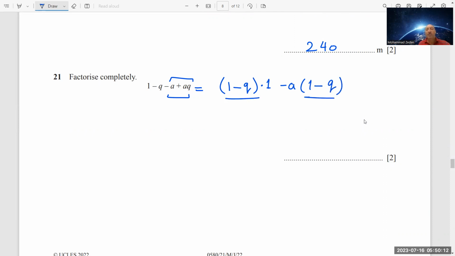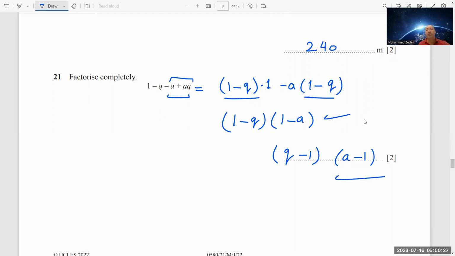Now the 1 minus q itself, I can take as a common factor, and the remaining inside is 1 minus a. So this is the factorization, or you can write it as q minus 1 into a minus 1, it's okay, no problem, because you multiply by negative 1 twice, so we get the same value.